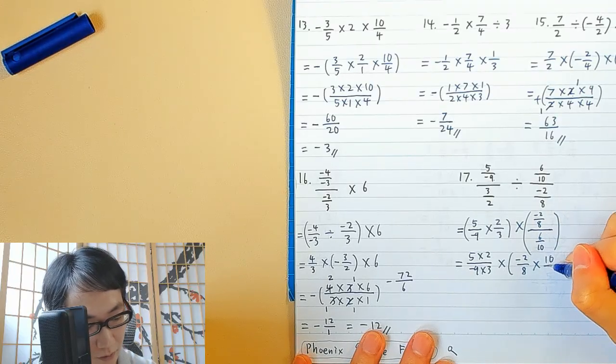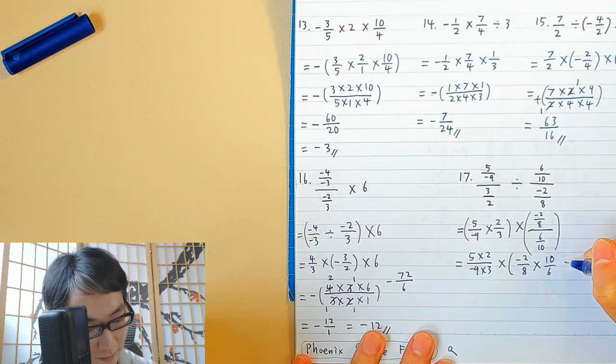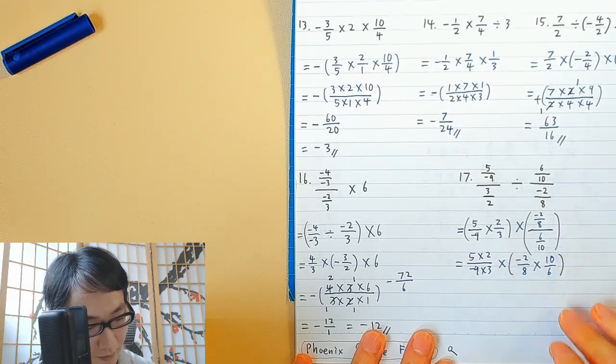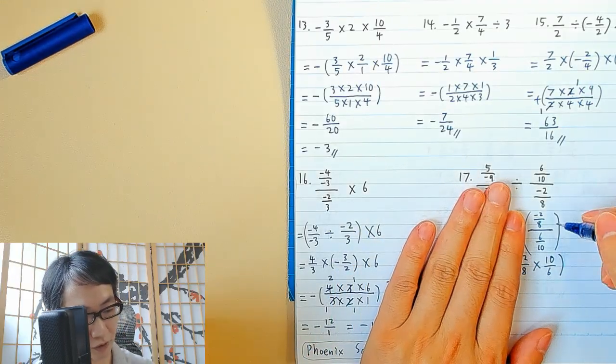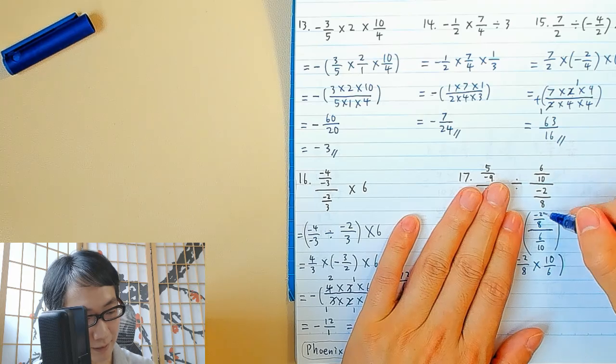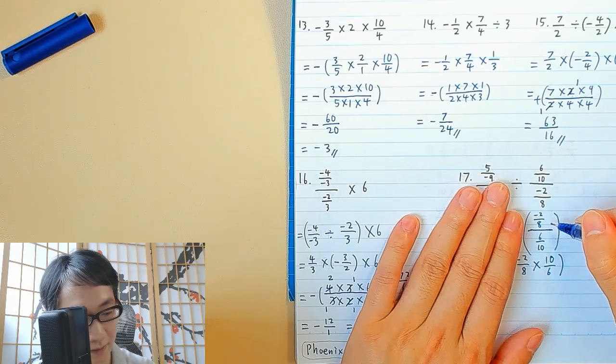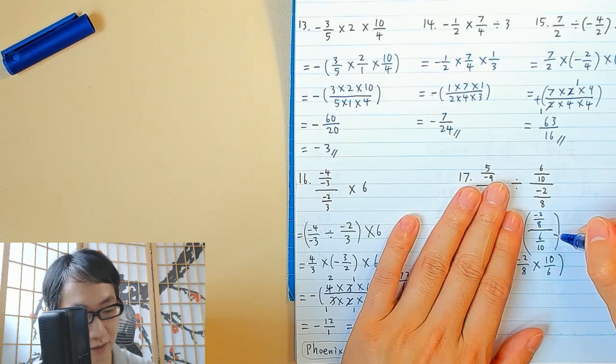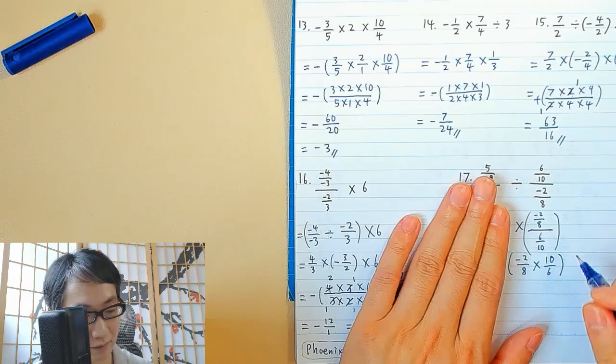So 10 over 6. Okay, so we do this fraction only. Then this is negative 2 over 8 divided by 6 over 10. Dividing by 6 over 10 is equivalent to multiplying by the inverse of 6 over 10, which is 10 over 6. Okay.